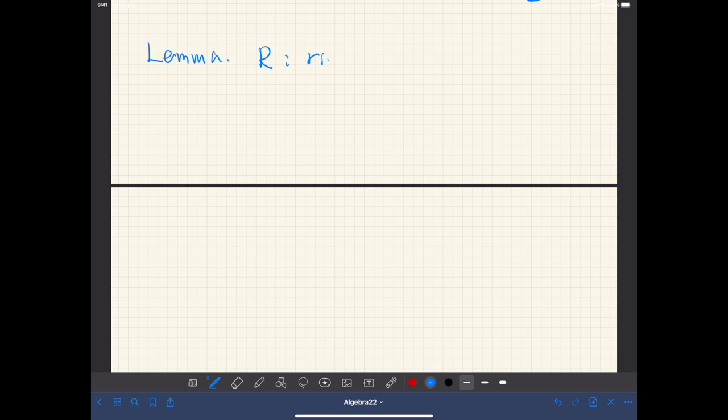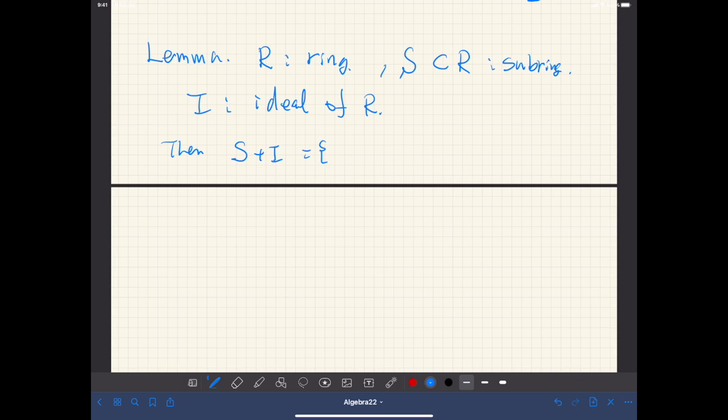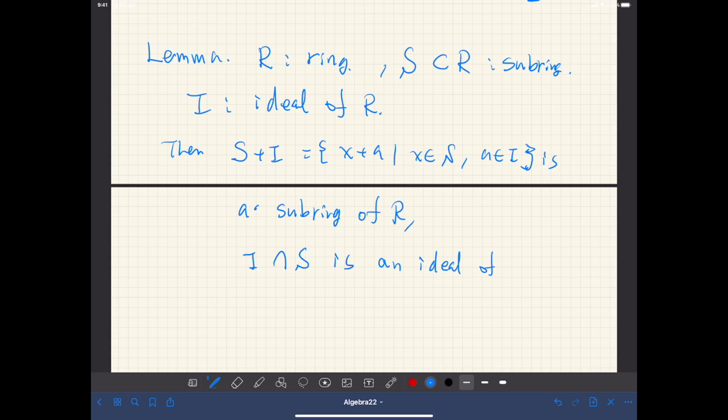Let R be a ring, S be a subring of R, and I be an ideal of R. If we define S plus I as the set of x plus a, where x is an element of S and a is an element of I, then S plus I is a subring of R, and I cap S is an ideal of S.